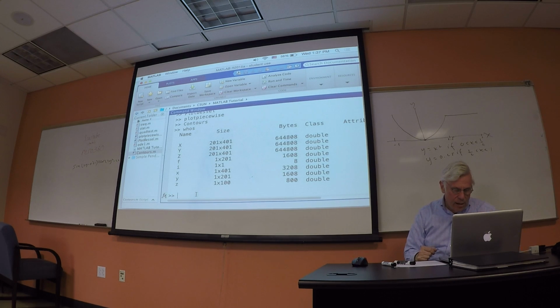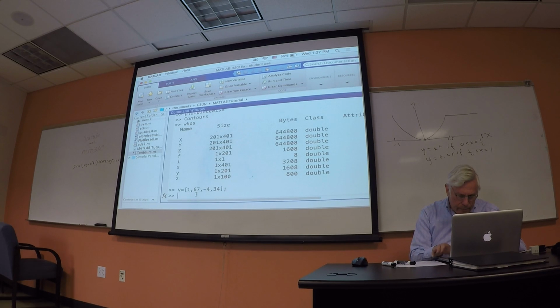And you can. Let me illustrate this by taking a little vector, I don't want to destroy anything, V, and make that 1, 67, minus 4, 34. What's the minimum value of V?